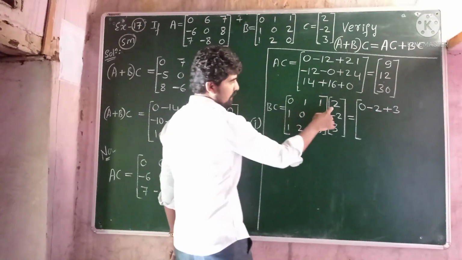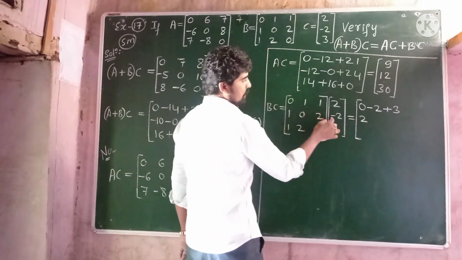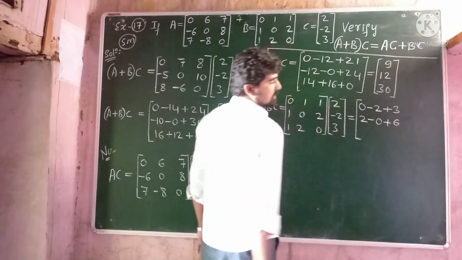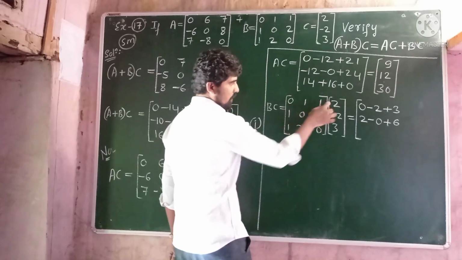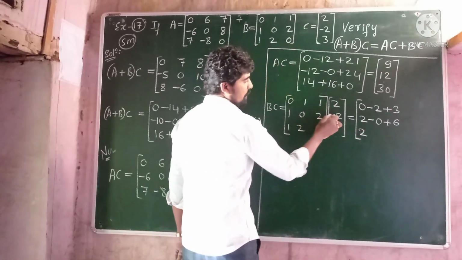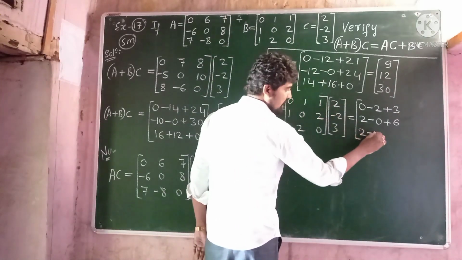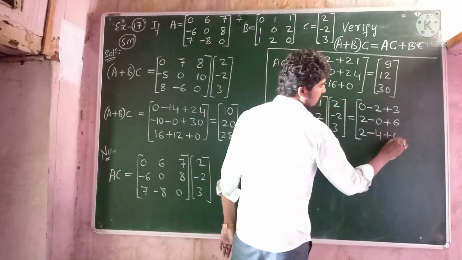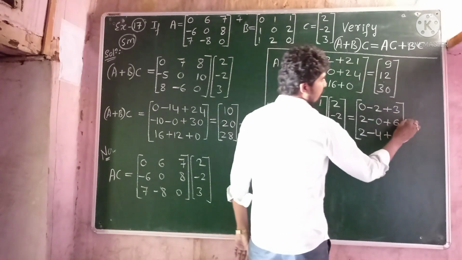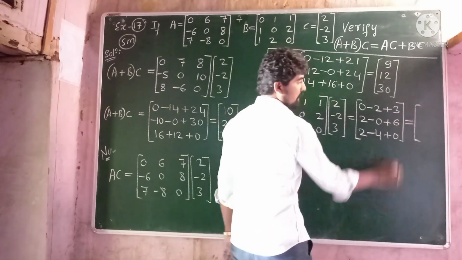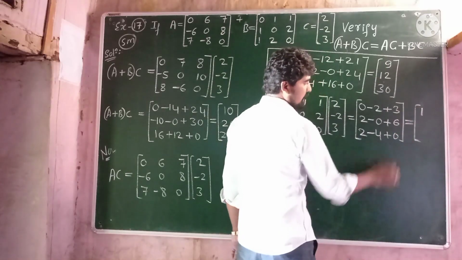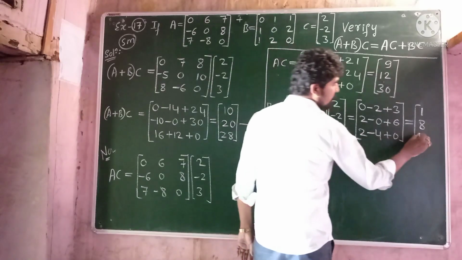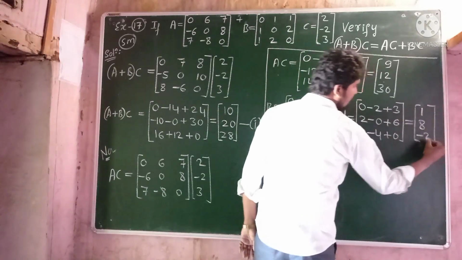Second row with this column, 1 into 2, 2. 0 into minus 2, 0. 2 into 3, 6. And third row with this column, 1 into 2, 2. 2 into minus 2, minus 4. 0 into 3 is 0, which is equal to 3 minus 2, 1. 6 plus 2, 8. 2 minus 4 is minus 2.